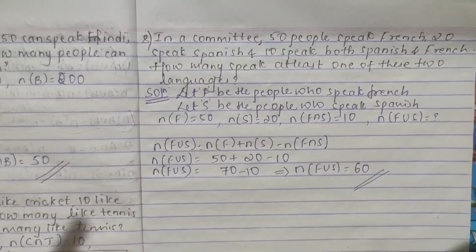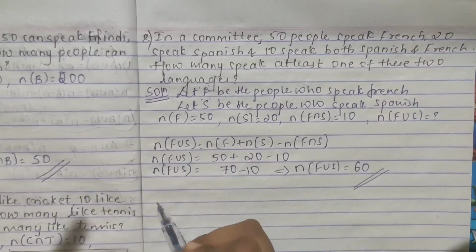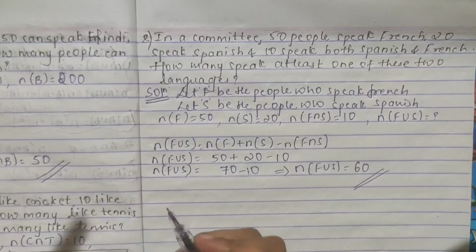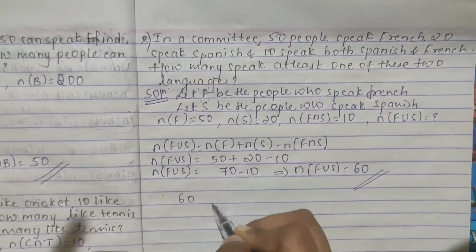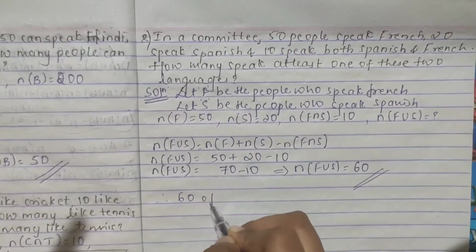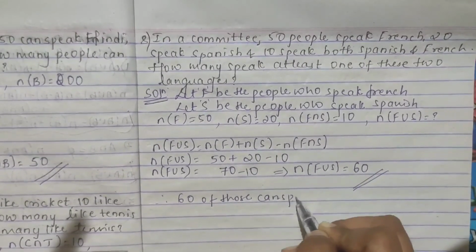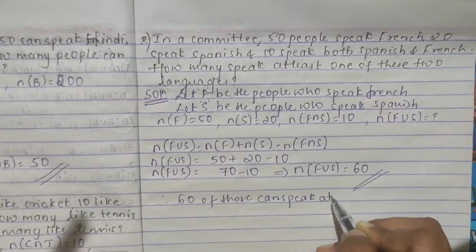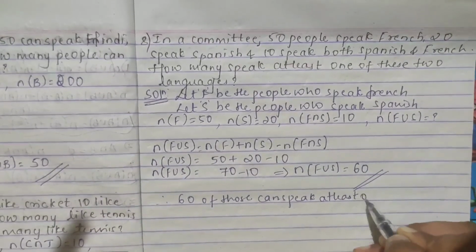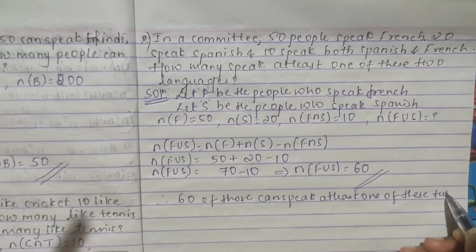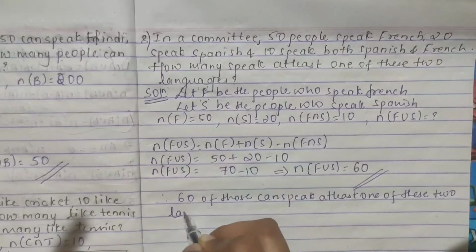Okay, you have to write it. At last you can write: therefore, 60 of those can speak at least one of these two languages.